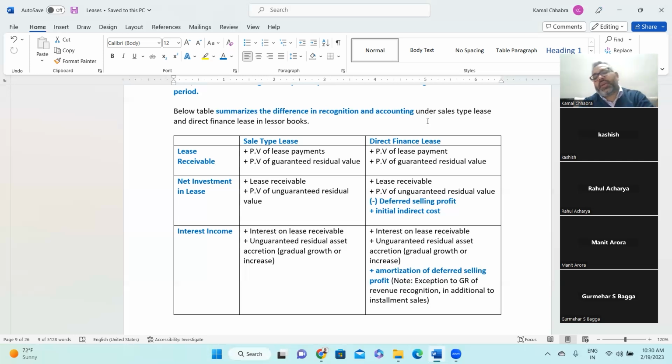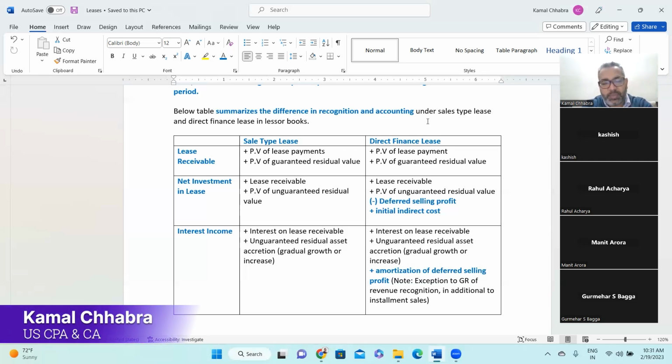Okay. So on the right hand side, if you see in the direct finance lease, interest on lease receivable, how do we recognize that? Upfront or gradually? Over the period. Interest income is always over the period. Okay. So interest on lease receivable plus unguaranteed residual value, same way, plus amortization of deferred selling profit.